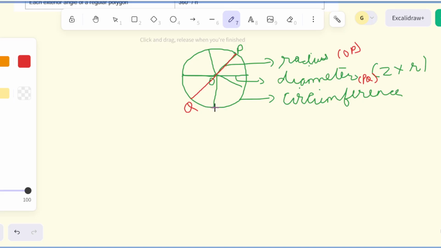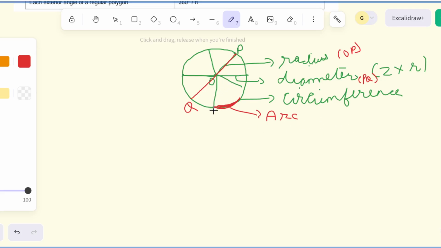Another thing we should know about the circle is the chord, the arc and the sector. All these are basic terminologies. A part of the circumference is an arc. The total curved line is the circumference, and a part of it is called an arc.